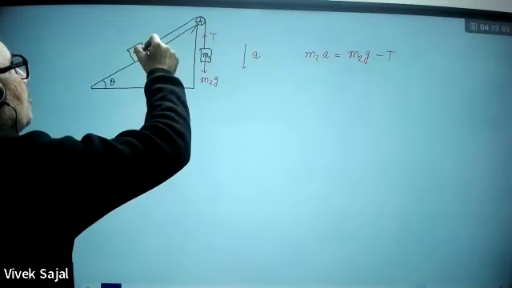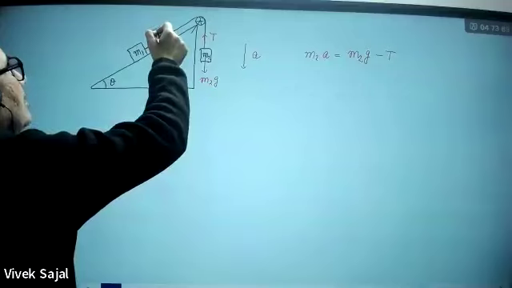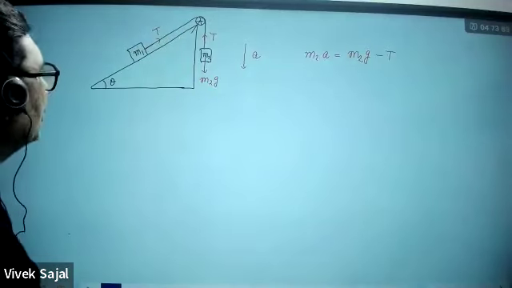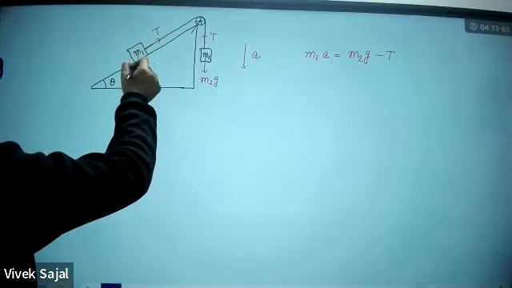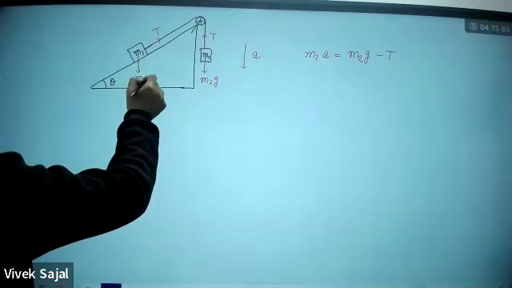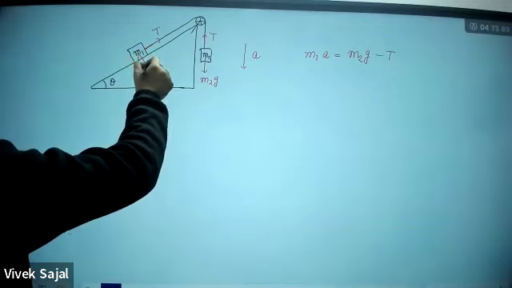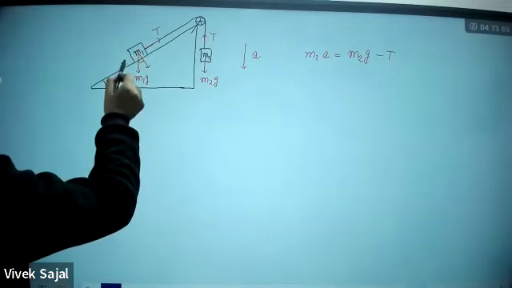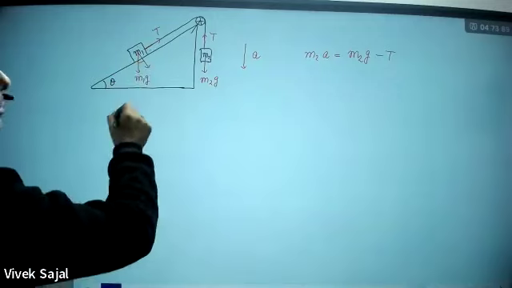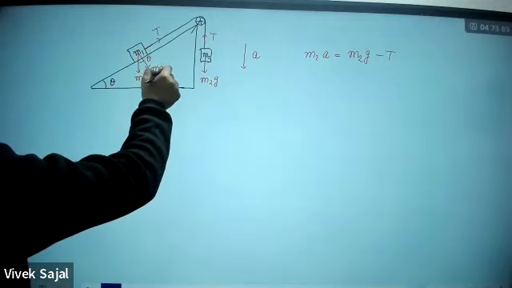Next, on this block of mass M1, tension is acting in this direction. Its weight M1g is acting in the downward direction. If you make a component of this perpendicular to the inclined surface, then this angle is theta and the component will be M1g cos theta.